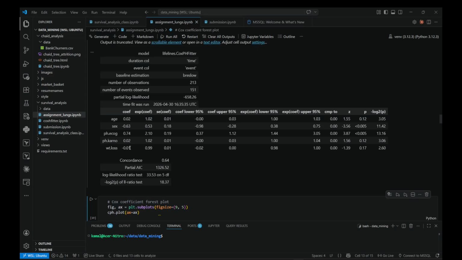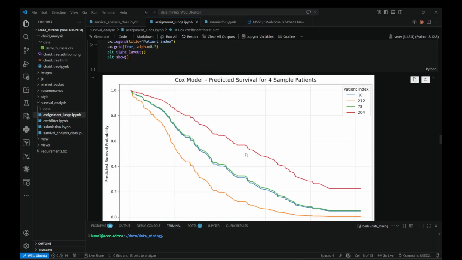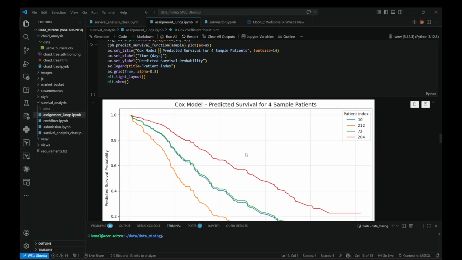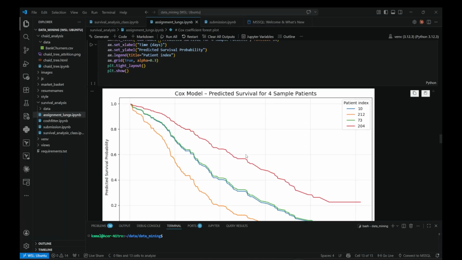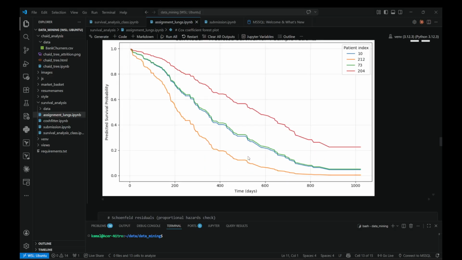this model. The main assumption of the Cox model is called proportional hazards, and this means that the hazard ratio between two groups must stay constant over time. For example, if female patients have half the risk of male patients at day 100, they should also have roughly half the risk at day 300.